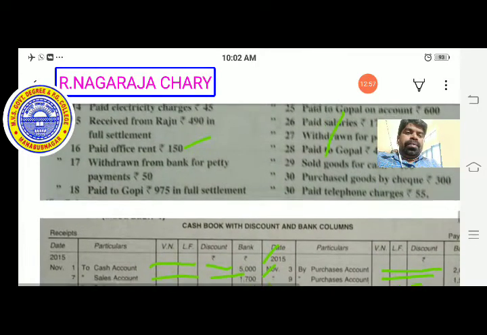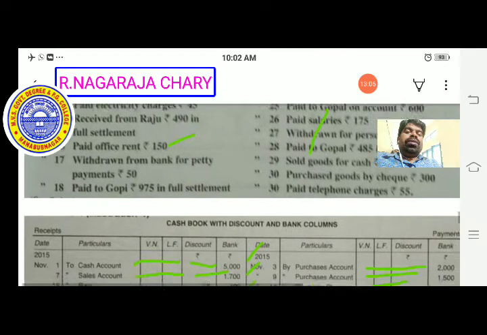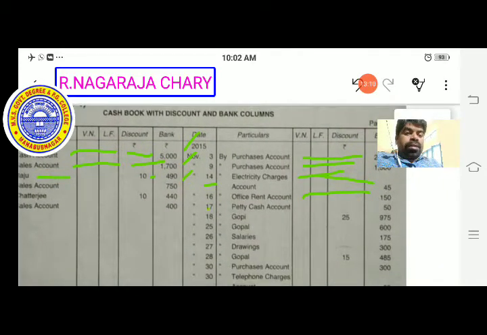Next, you see withdrawn from bank for petty expenses. For petty payments we withdrew. On 17th date you see petty cash account, that is 50 rupees. Withdrawn is nothing but payment, so it is recorded on the payment side.